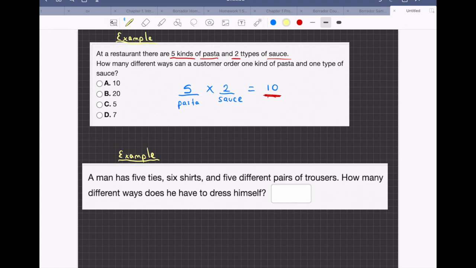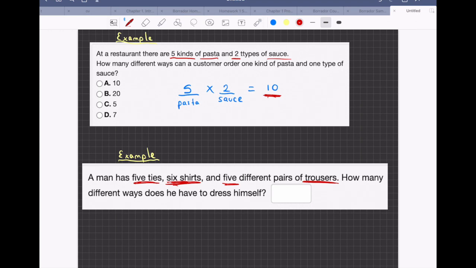So, question: how many different ways does he have to dress himself? So we have here 5 ties, 6 shirts, and 5 different pairs of trousers. How many different ways does he have to dress himself?